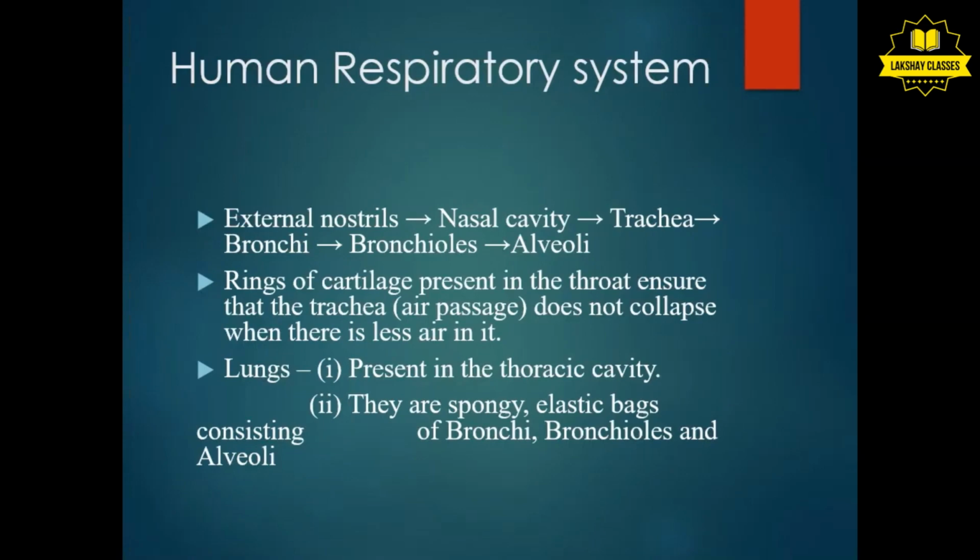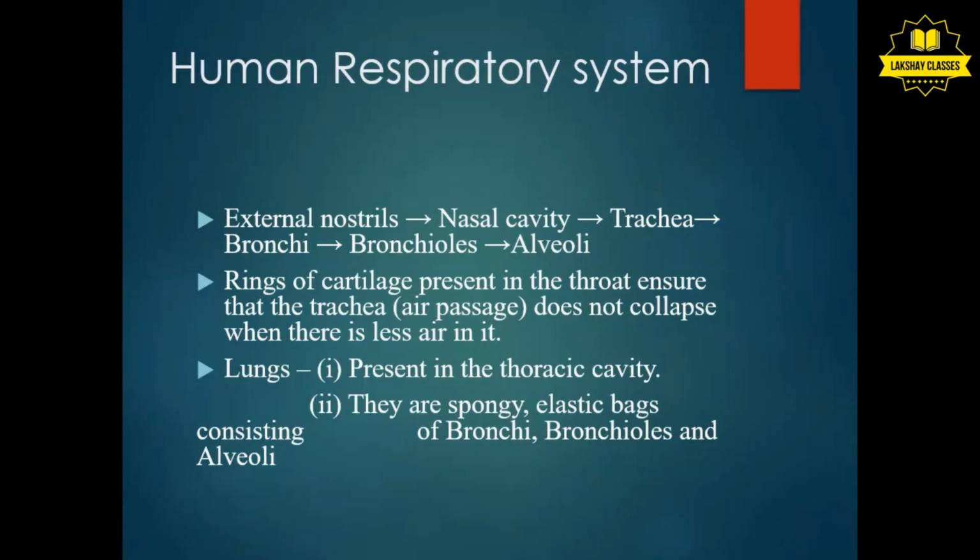Now we are talking about the human respiratory system. This is the pathway which we discussed in the previous diagram also, and we know that there are cartilaginous rings present in the trachea. The question comes, why is the trachea covered with cartilaginous rings? The trachea is very soft.